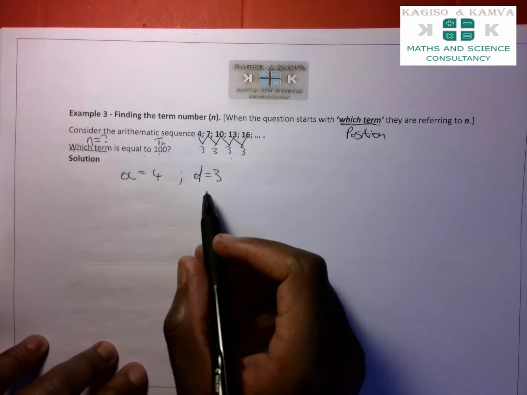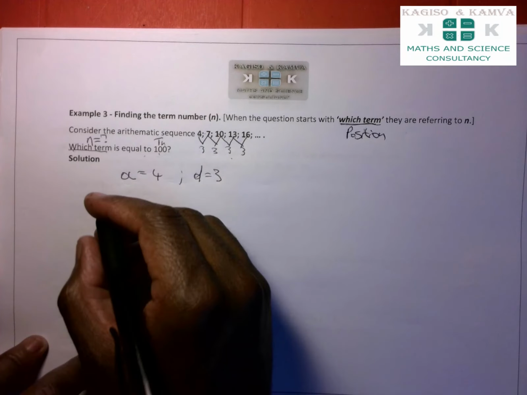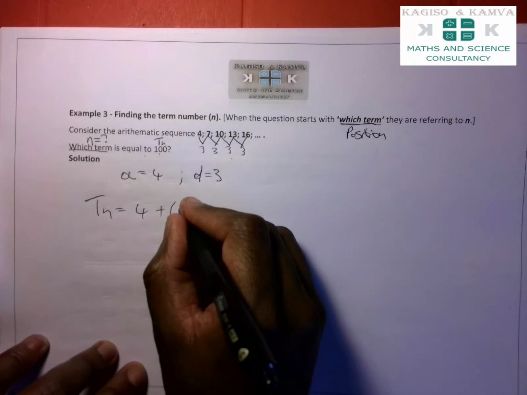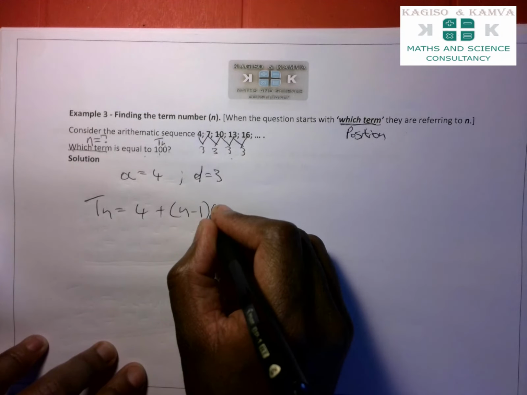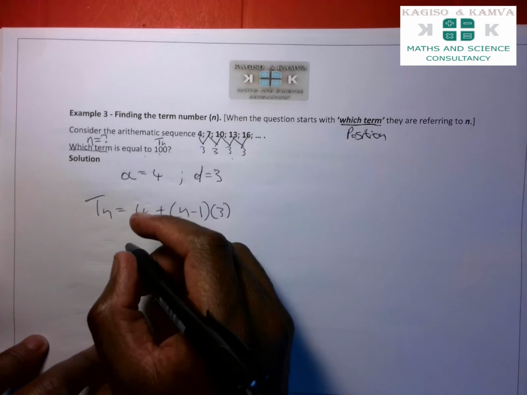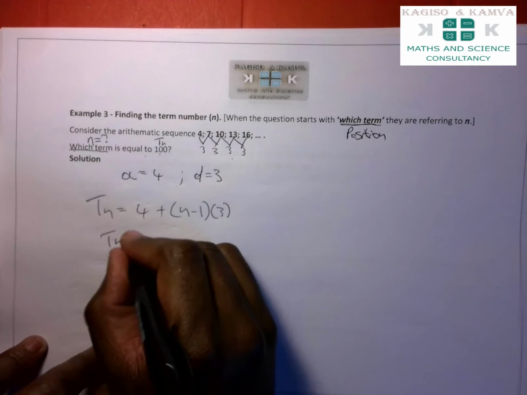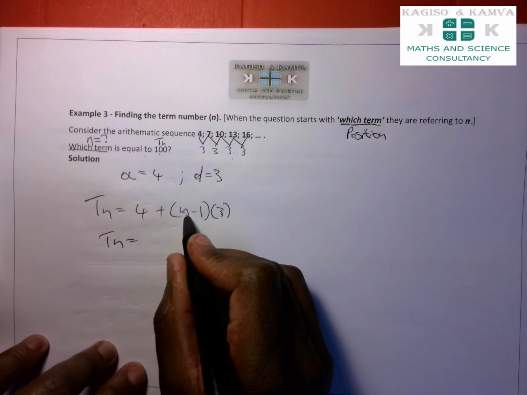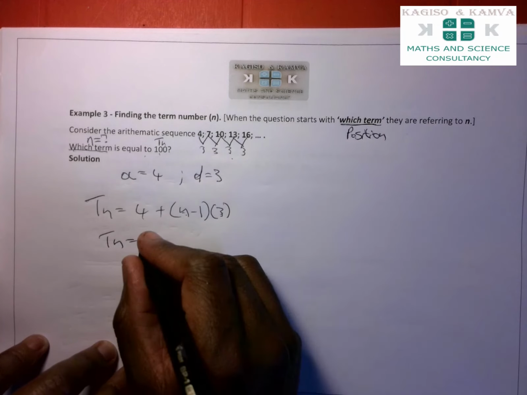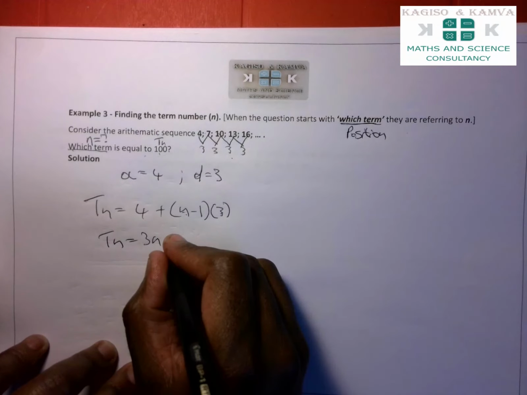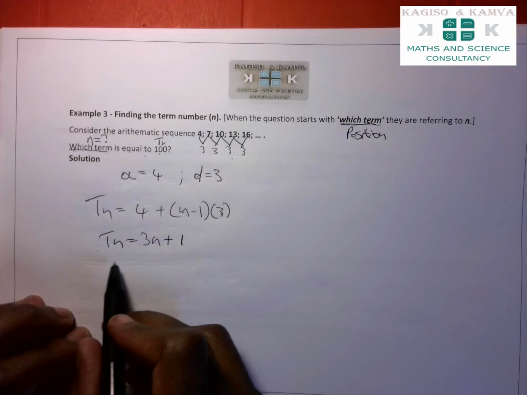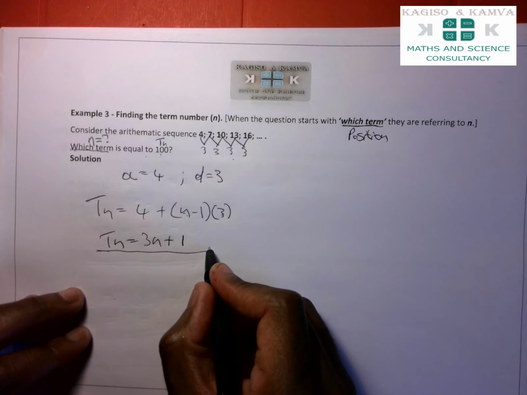Therefore Tn was 4 plus n minus 1 times d, which is 3. Then Tn is equal to 3n minus 3 plus 4, which is 3n plus 1. Now this is our general term for this number 13.